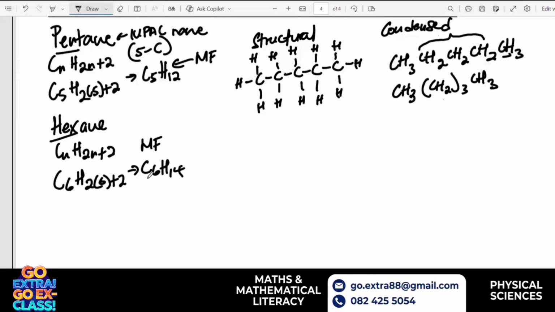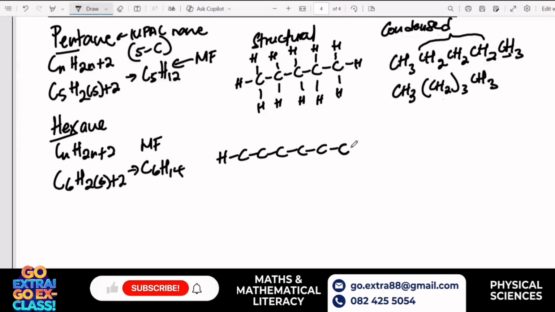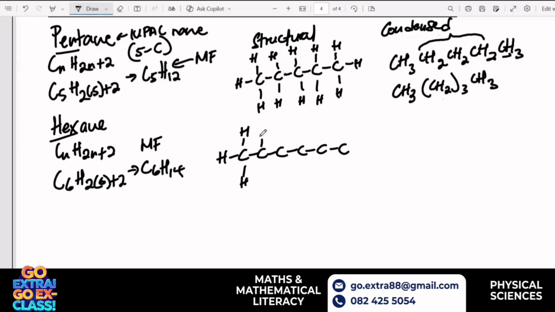So this is how we're going to write the molecular formula of hexane. Structurally, guys, you know that it's going to look like this. You can write it on your side before I finish it, and you will check mine. You can pause the video any time, try to write it on your own, and check if you get to the same conclusion.